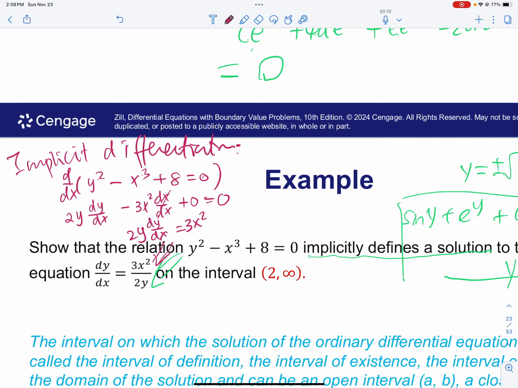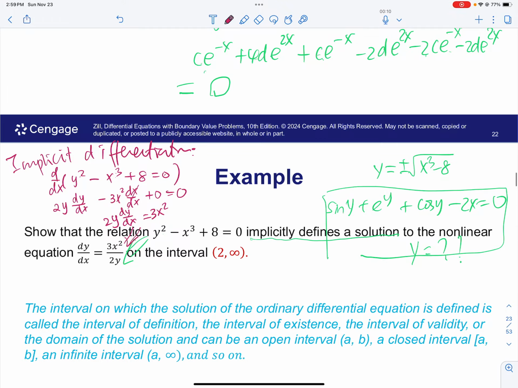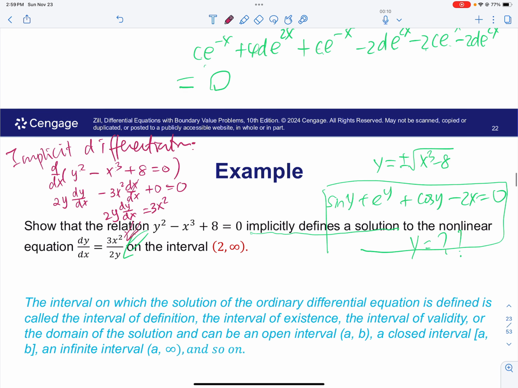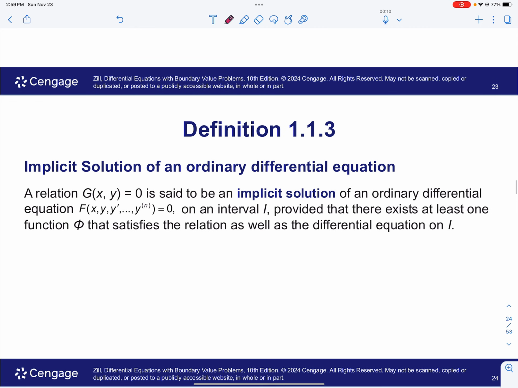So how could you verify an implicit equation to be a solution of a differential equation? What will you do? You just need to do the implicit differentiation on both sides. That's easy, yeah? Okay, and so this is the implicit solution definition.